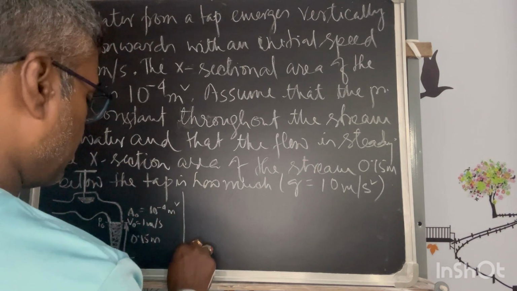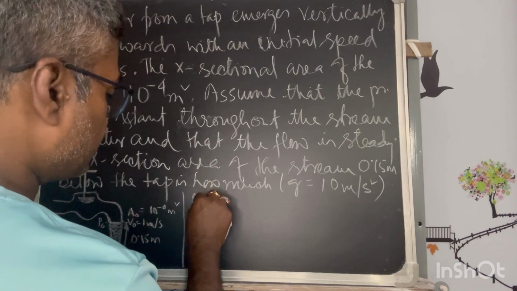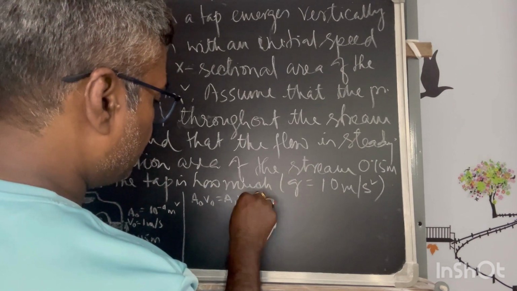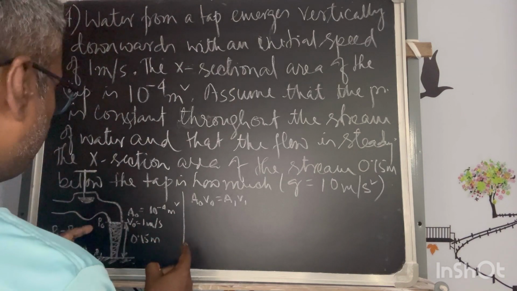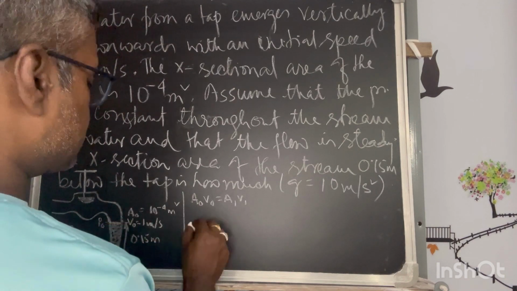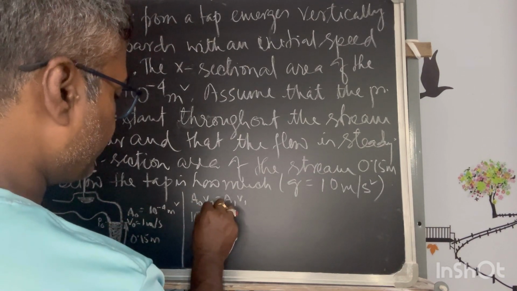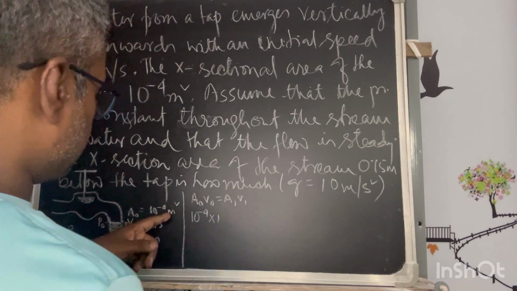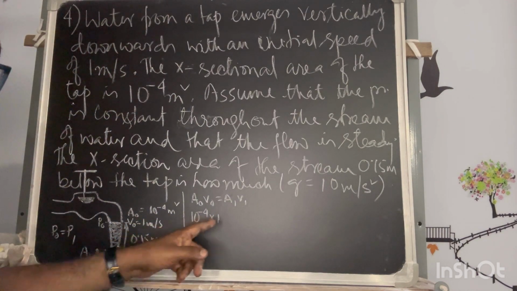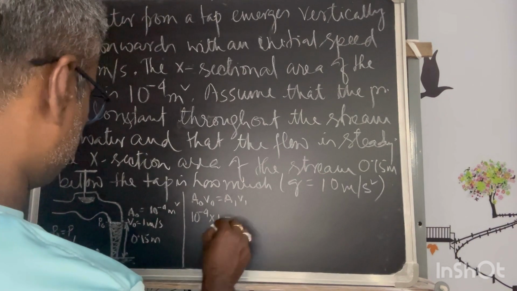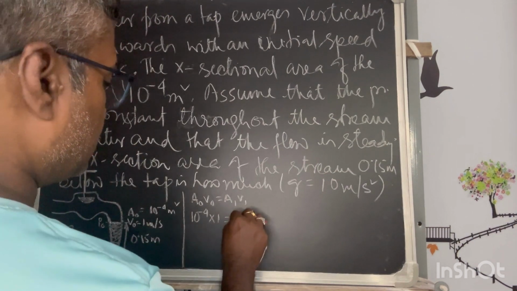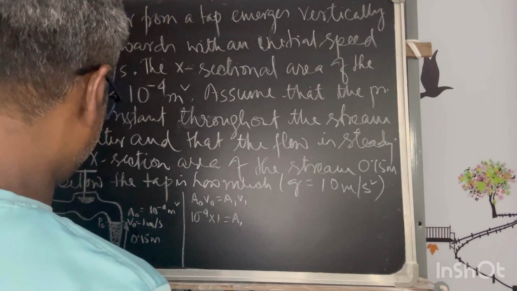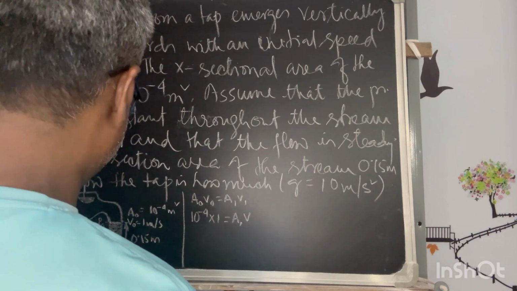We use the continuity equation, because this is steady flow. A0 is 10 to the power minus 4, V0 is equal to 1, and as it is all in SI units, you need not worry. Whatever cross section you get here, let's say this is A1 and velocity V.